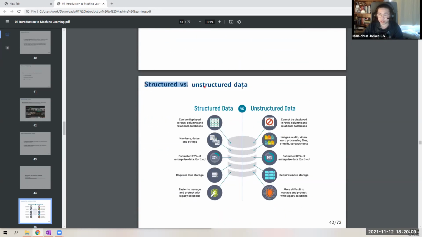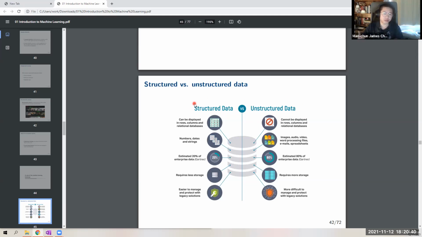We also have structured and unstructured data sets. Structured data sets are basically numbers, dates, and strings, where strings are words. Unstructured data sets are images, audio, videos, emails, spreadsheets. Importantly, neural networks work well on unstructured data sets, but don't work so well on structured ones.